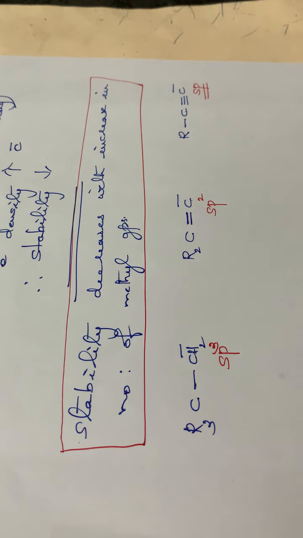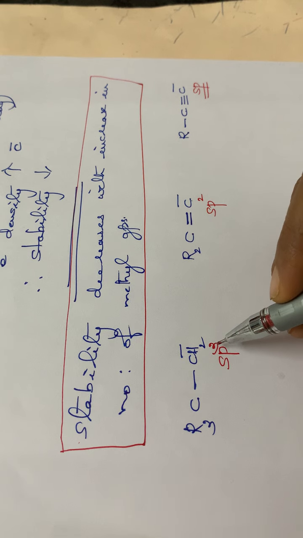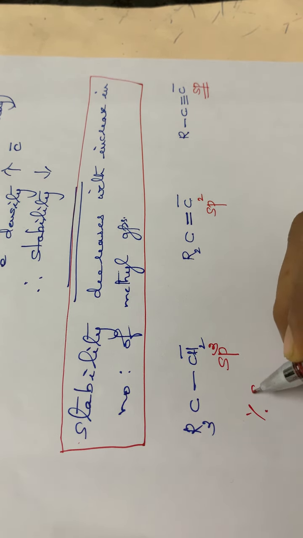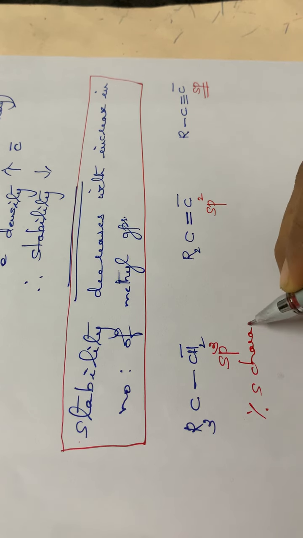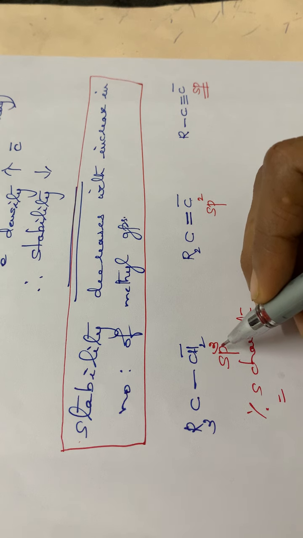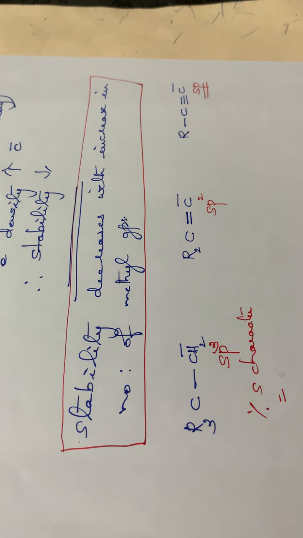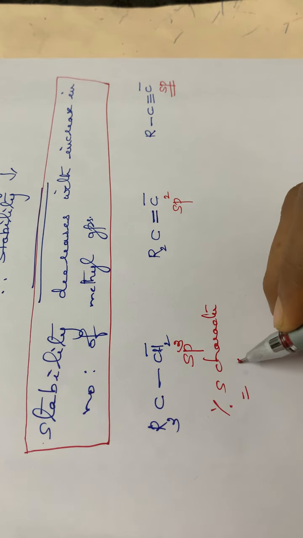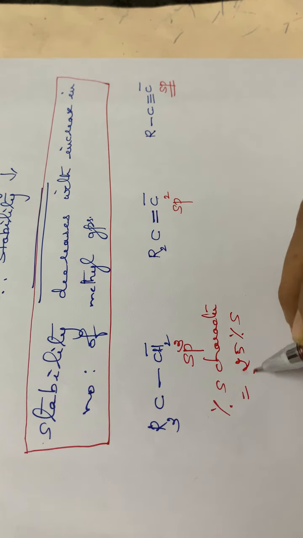So in the first case, with sp3 hybridization, what about the percentage S character? Out of 4 hybrid orbitals, 1 will be S, so 1 by 4, which means 25% S character.